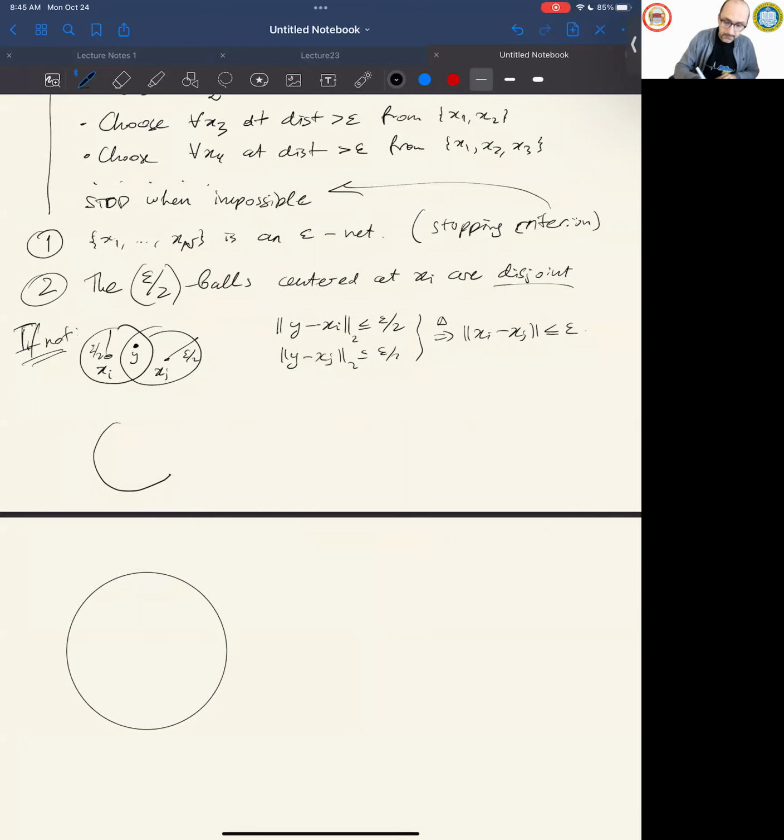This is my unit sphere. We have epsilon over 2 balls that are separated. So this one is the sphere of radius 1, and these little balls have radius epsilon over 2, and they're separated. I'm claiming you can't pack too many balls like this, because of volume reasons.